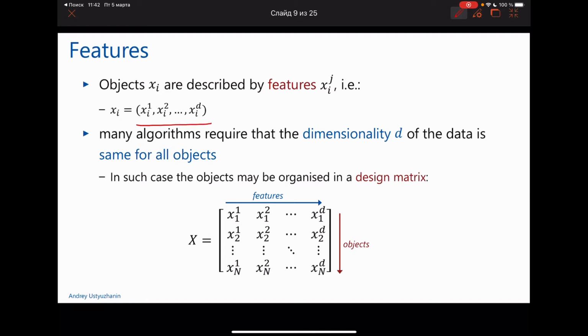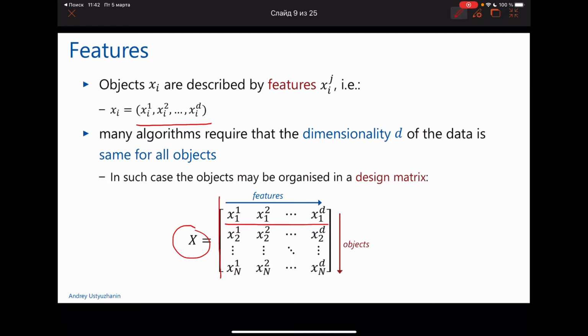And the assumption is that you can describe those features as a vector of the same length for all elements of your set of objects. And then you can write your set of objects as a matrix. So you have features along the horizontal axis and objects along the vertical axis.